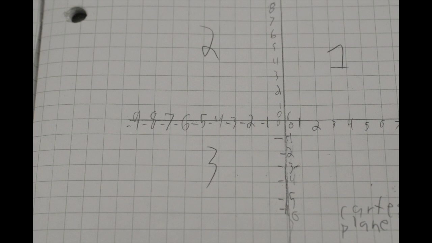If you determine a certain position, you would then meet up at a certain point. This could be like city blocks.